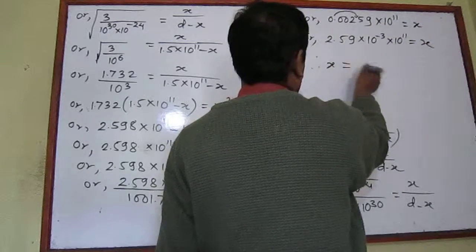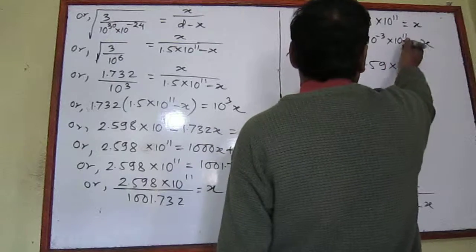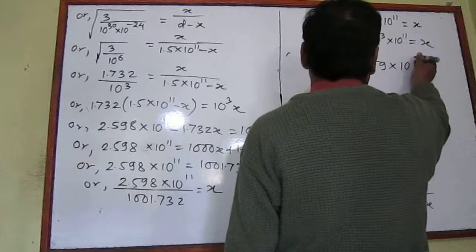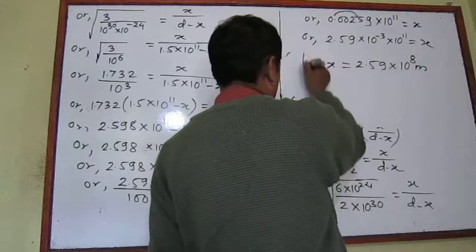Therefore x is equal to 2.59 into 10 to the power 11 minus 3, which becomes 10 to the power 8. Since x is distance, its unit is meter.